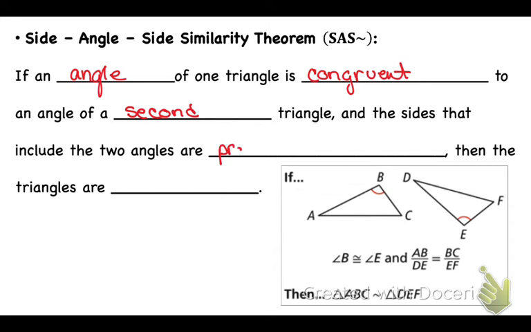Because congruent is not what we're working on, right? Proportional, then the triangles are similar.